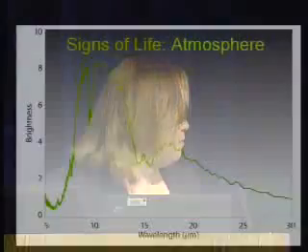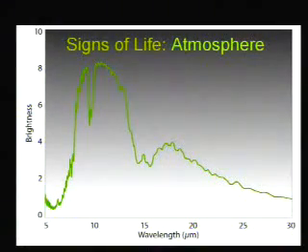So if we go through the signs of life in detail, signs of life in the atmosphere, this green squiggly line here is what the Earth looks like if you were able to see in the infrared. So these are the infrared wavelengths of light, and this is essentially how much radiation is coming off the planet. So we're looking in heat energy here. And what you see in this curve is that there's this very obvious feature here. There's this kind of dippy thing here, and if you look very carefully, you can see this little tiny spike here.